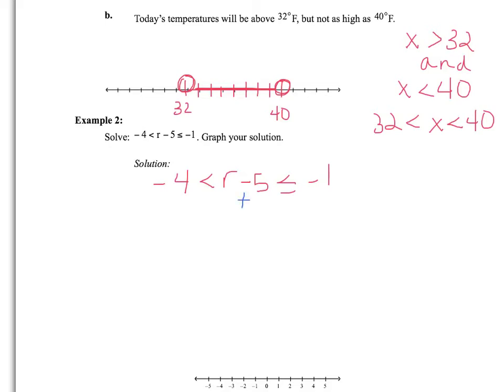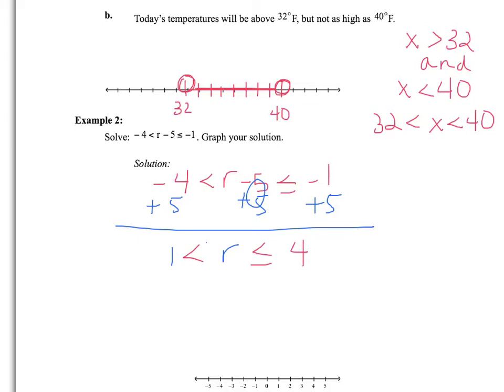Normally we would add 5 and add 5 in an equation, but because we have three parts here, we add 5 to everything. Now I have 1 is less than r, which is less than or equal to 4.